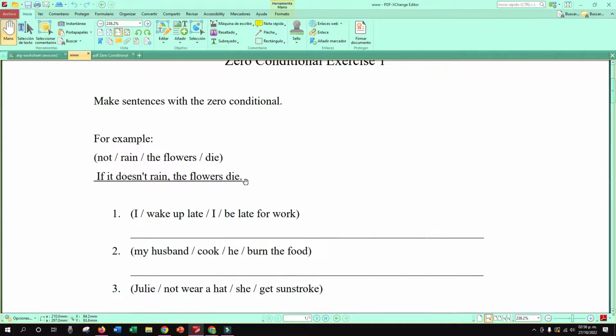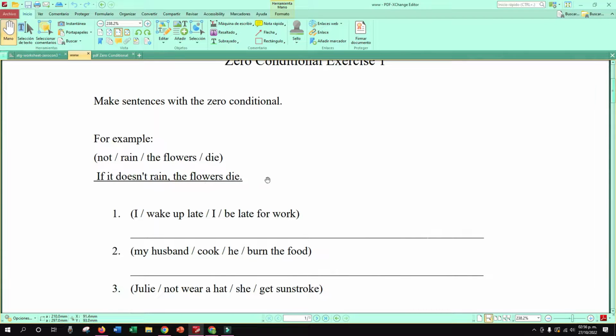¿Qué hicimos? Completar o realizar oraciones de zero conditional, ¿verdad? Utilizando las palabras que tienen entre paréntesis. Buscando igual cuál sería la causa y cuál sería el resultado. En este caso tenemos la if clause, que sería if it doesn't rain, si no llueve. ¿Cuál es el resultado? ¿Qué pasa?